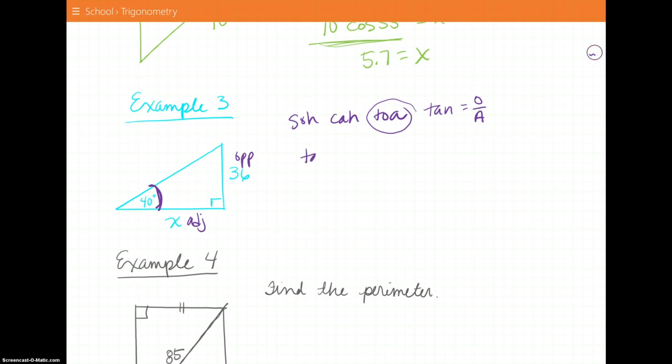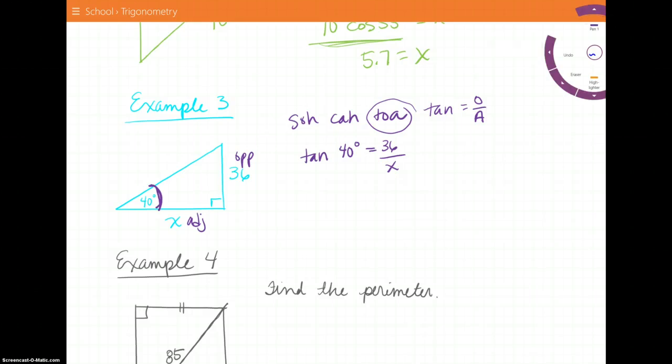Okay, so I'm going to write tangent 40 degrees equals opposite is 36 and adjacent is x. This kind of question is the one that students tend to struggle with the most because the x is in the denominator. Don't let that freak you out, guys.